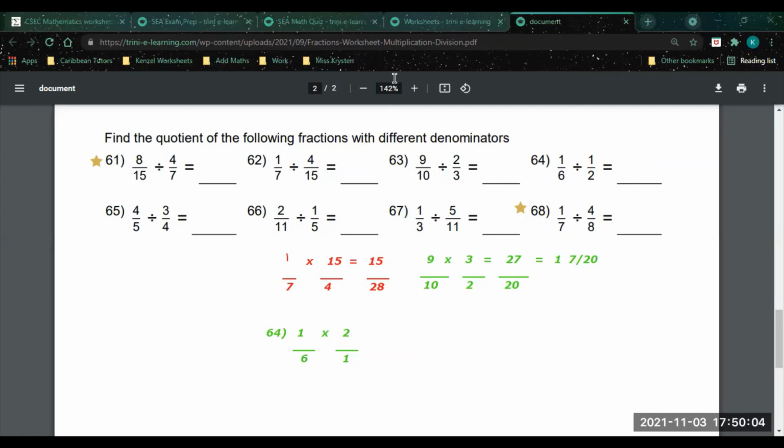But you could reduce this way. So 2 could go into 2 one time, and 2 could go into 6 three times. So 1 by 1 would give you 1, and 3 by 1 would give you 3. That would be your answer.